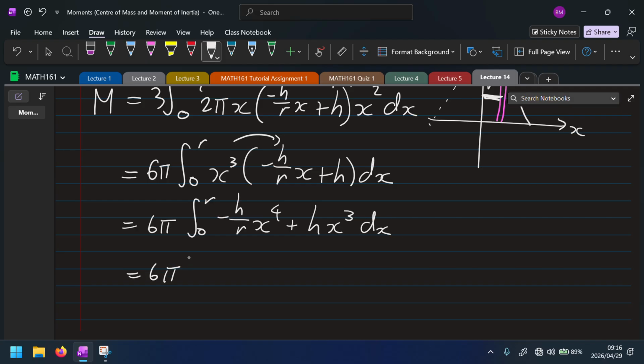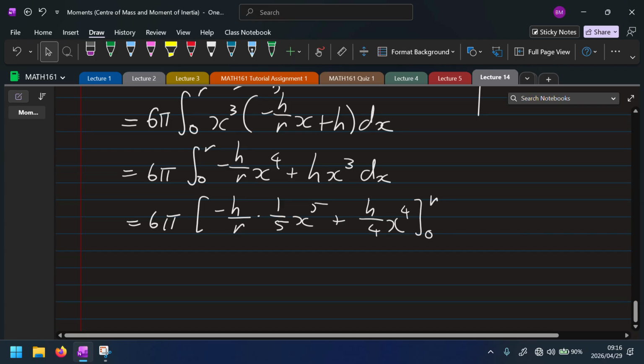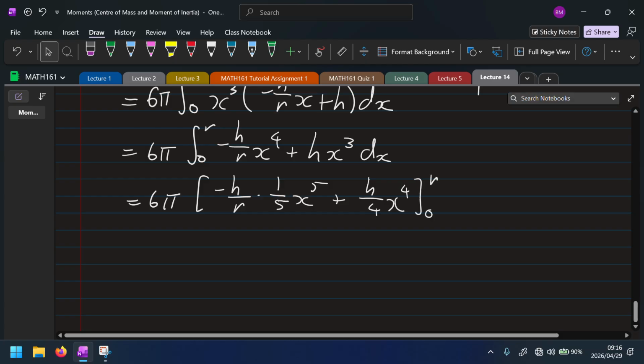Okay, so let's do the integral. From 0 to r, because we're going along x, that's the radial direction. So if we put in 0, we just get 0. So let's put in r.